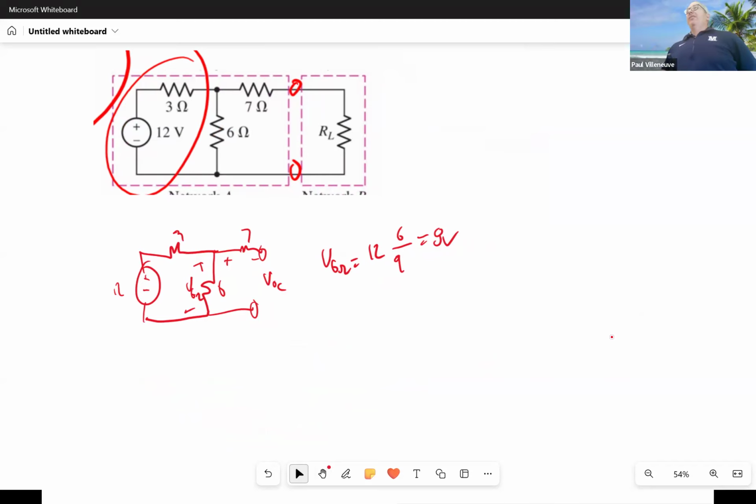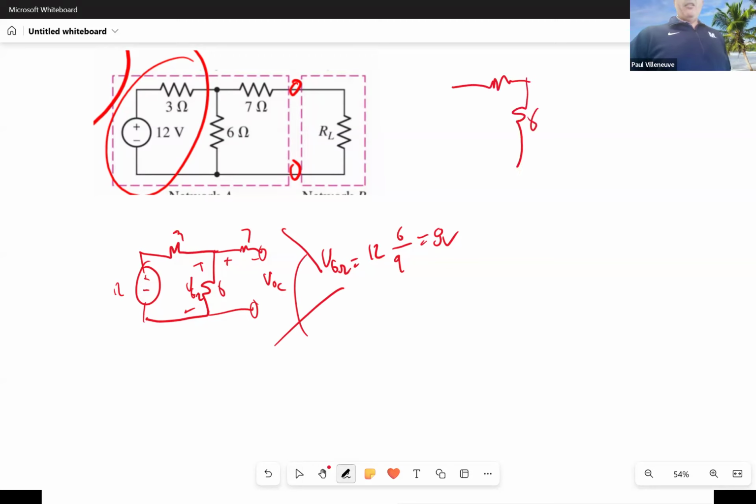And the answer is, I'm only looking for open circuit voltage, but what I'm looking for from the Thevenin equivalent is the actual resistance of all those elements in series and parallel. So my circuit then becomes, here's my 7 ohm, and I'm looking in through here, right?